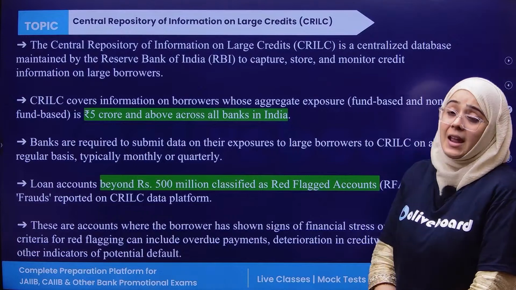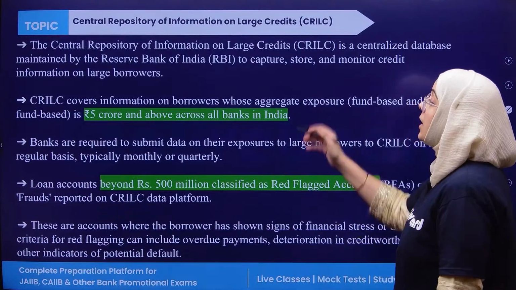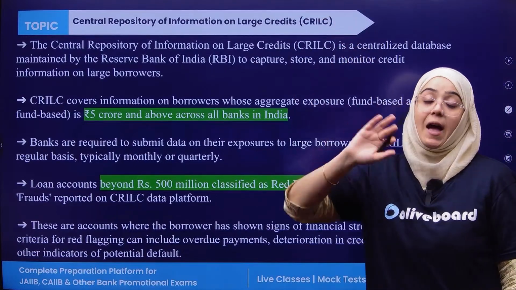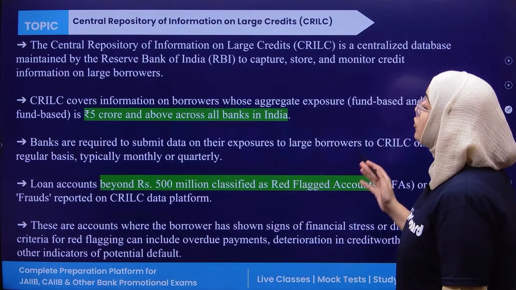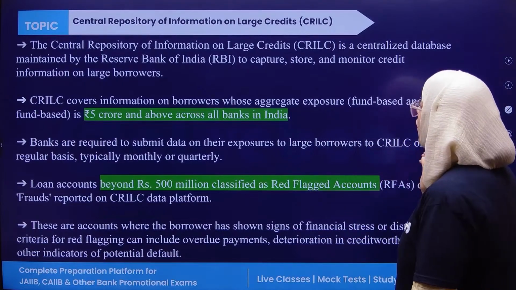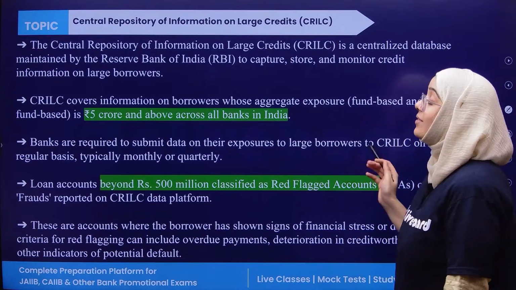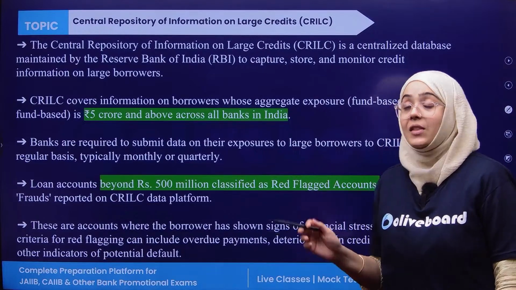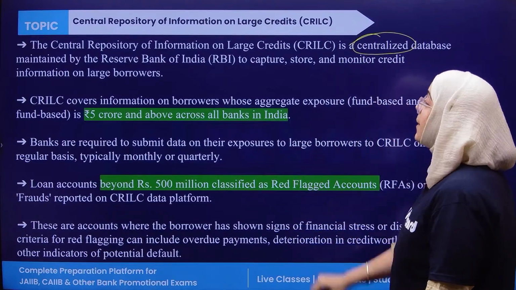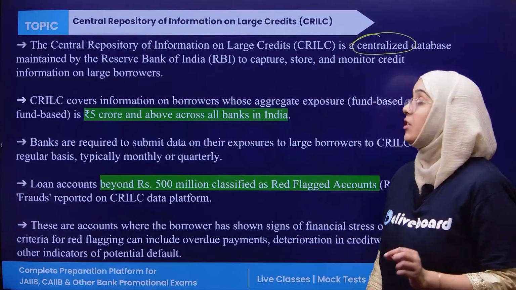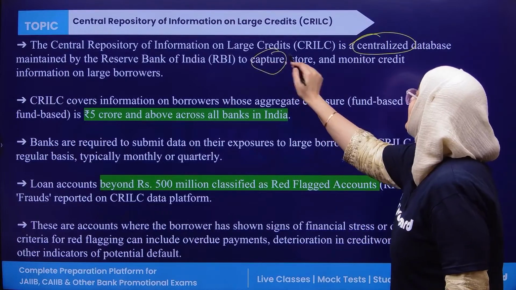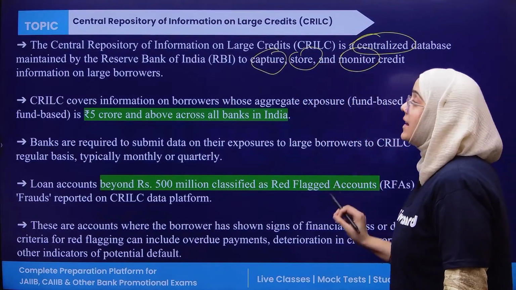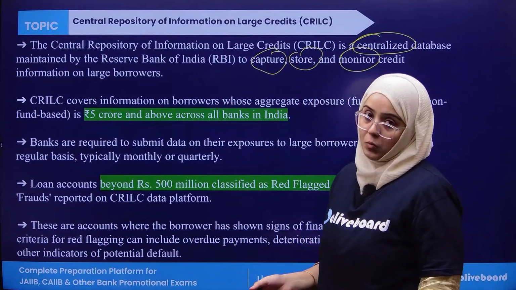that is CRILIC. It is an important topic. The first thing, you have to remember the full form: the Central Repository of Information on Large Credits. This is a centralized database that is maintained by Reserve Bank of India to capture, store, monitor credit information on the large borrower.